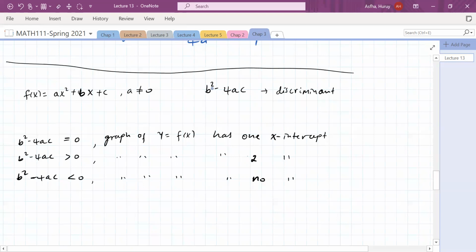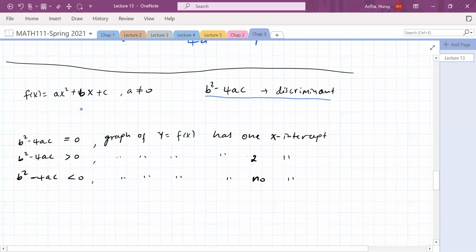So last time we studied the discriminant of a quadratic function to determine how many real solutions it has, and how many complex solutions it has. Okay. And today we will use this discriminant to determine how many x-intercepts it has, because basically the x-intercept is the solution to the function.